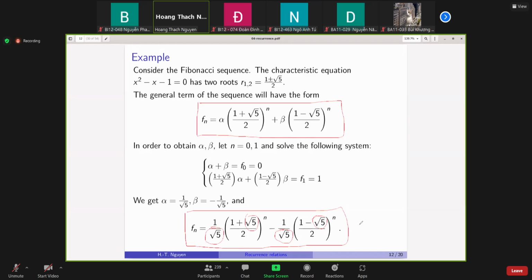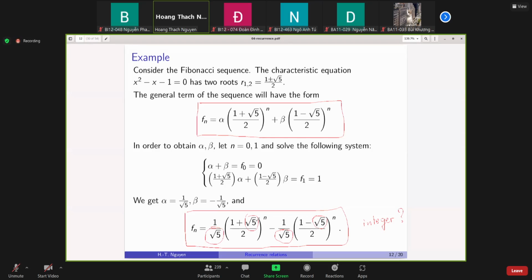So this doesn't contradict the fact that the numbers in the Fibonacci sequence are integers.